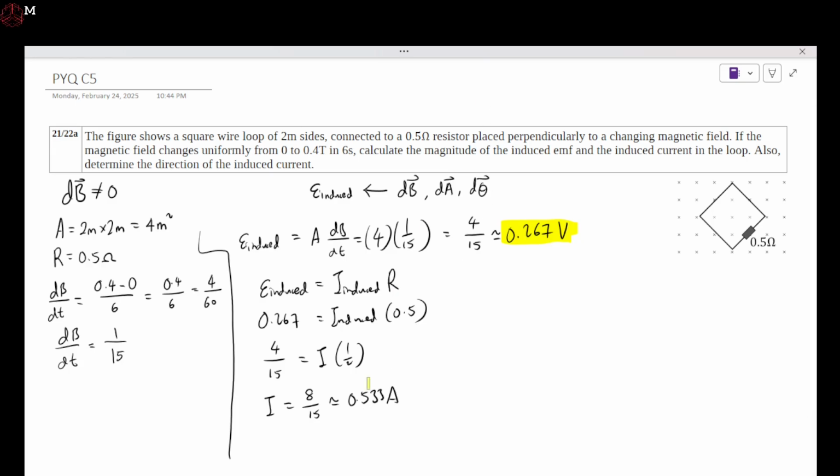So that is the answer for the second part, which is the magnitude of induced current.